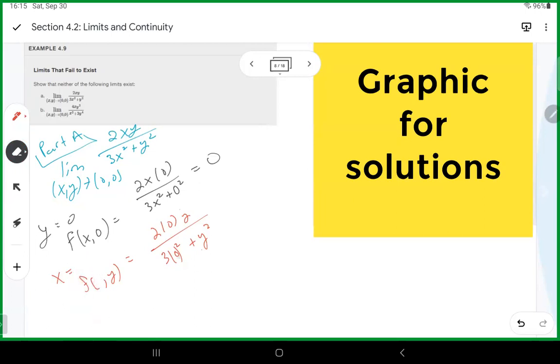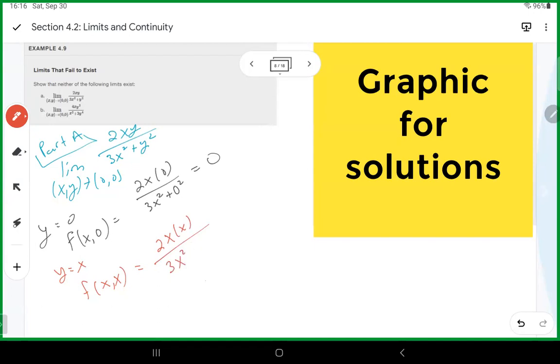We're not plugging in for x, we're plugging x in for y. So you would get f of (x, x), which is going to be 2x times x over 3x squared plus x squared, which would be 2x squared over 4x squared, which is just 1/2.